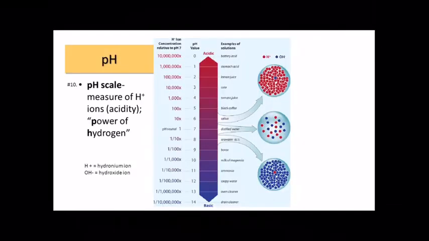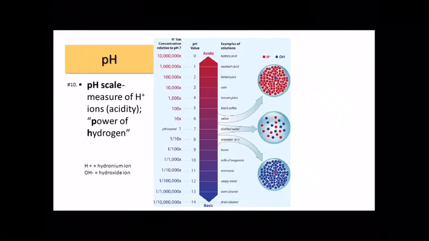And that brings us to pH. Okay, so what is pH? This is the pH scale that we're looking at. Sometimes it is shown horizontally. This one is shown vertically. The middle of the scale is 7. 7 on a pH scale is neutral. It's not acidic and it's not basic or alkaline.